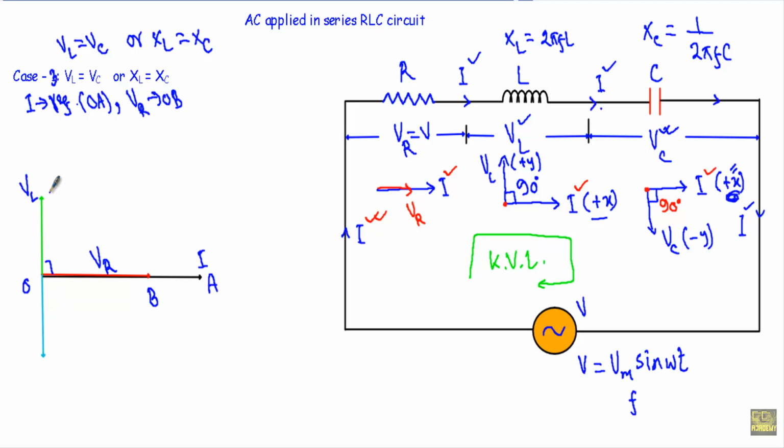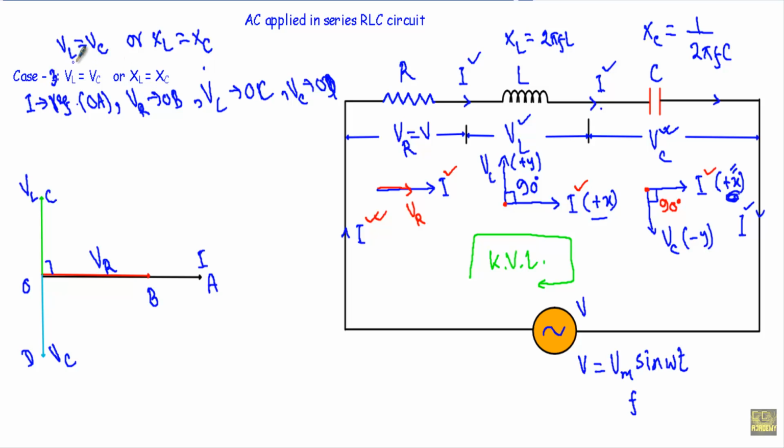This is OC. VL will be equal to OC. Okay, now see, VC, voltage across the capacitor, will be 90-degree lagging from the reference current. Let's say I denote that VC in this direction with OD.